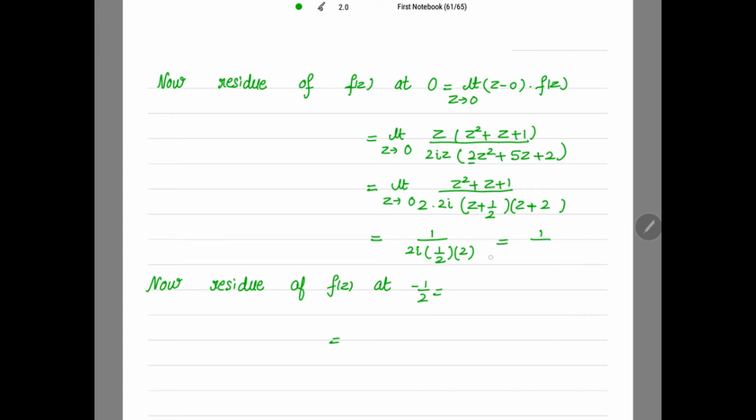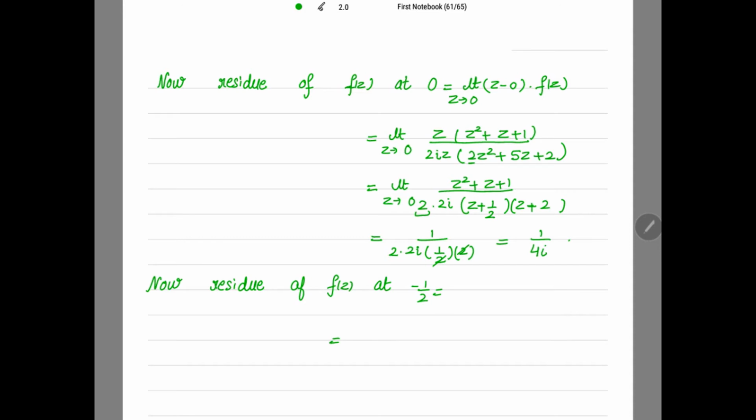Yes, one more 2 is there, this 2. 2 into 2 iota. Putting 0 here, I get 1 by 2. Putting 0 here, I get 2. So this 2 and 2 cancel. This is 1 over 4 iota. So this is the residue of f(z) at 0.